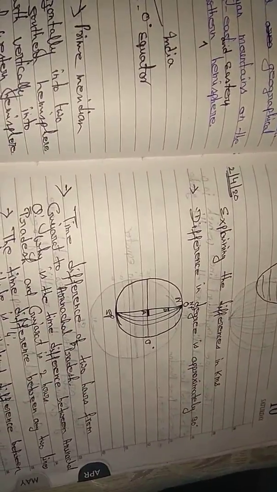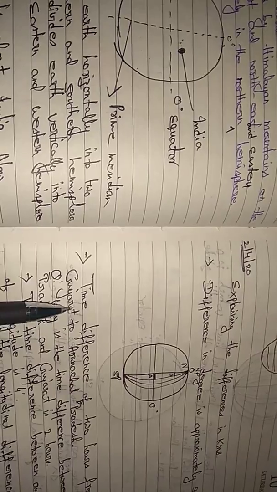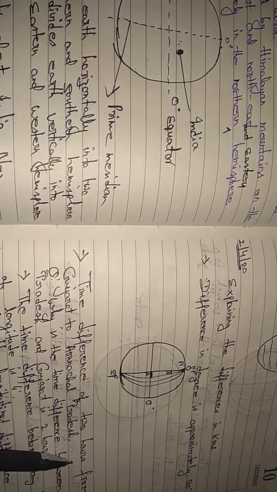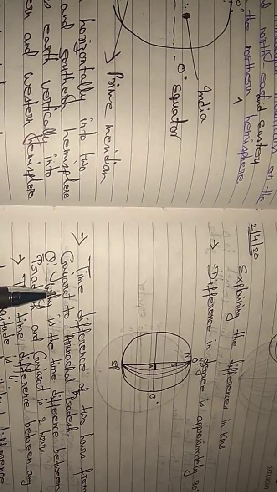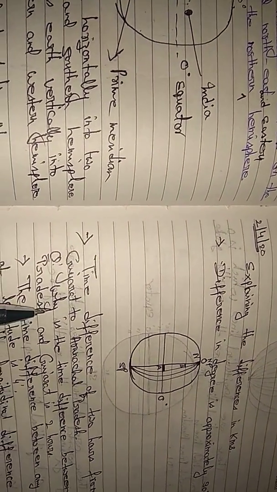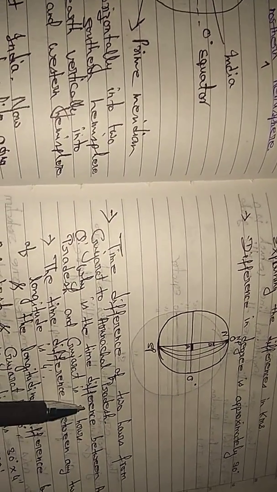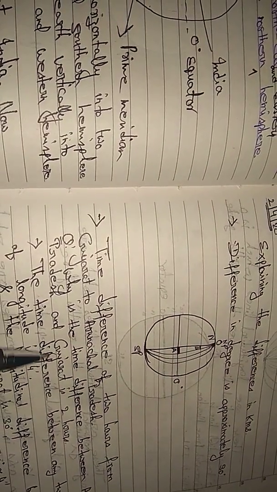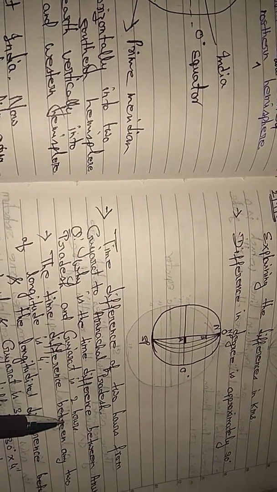Now our second topic of today's class is to find out the time differences. Here I have written a time difference of 2 hours from Gujarat to Arunachal Pradesh. Now the question is, why is the time difference between Arunachal Pradesh and Gujarat 2 hours?